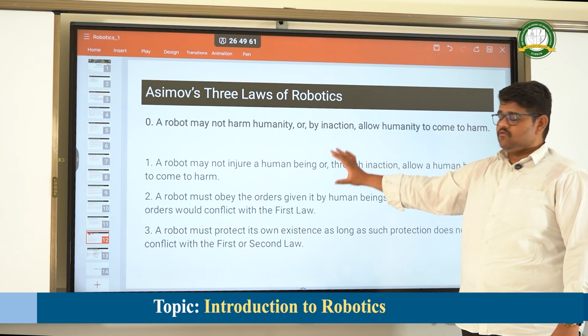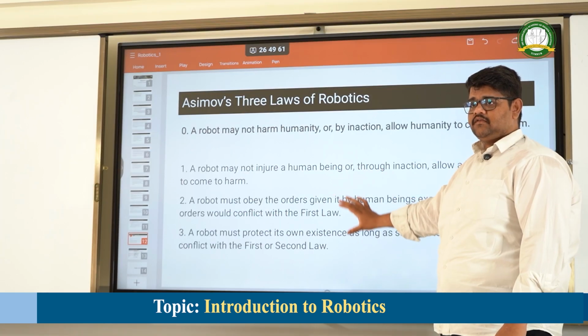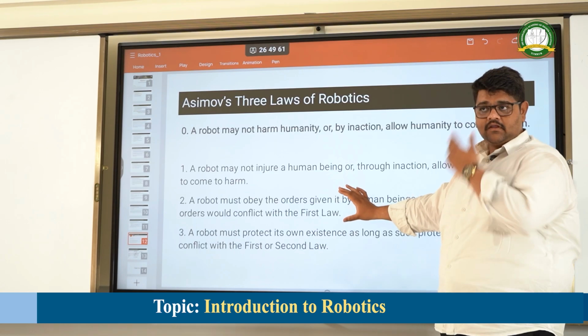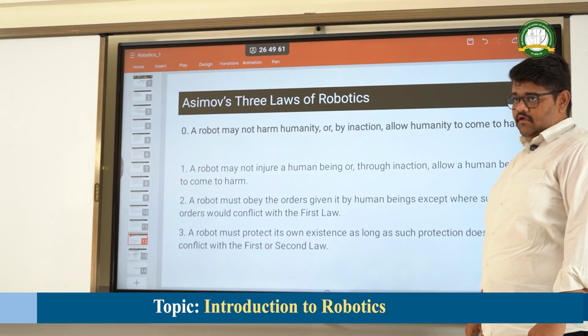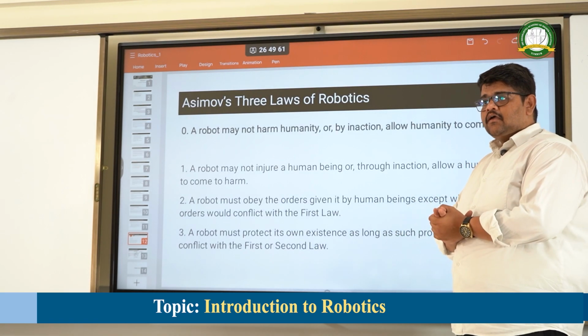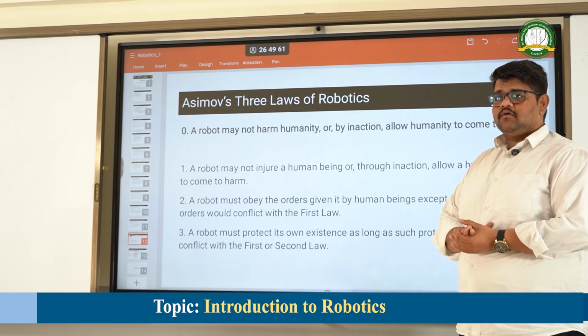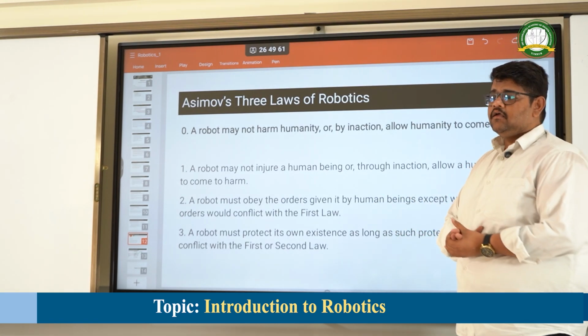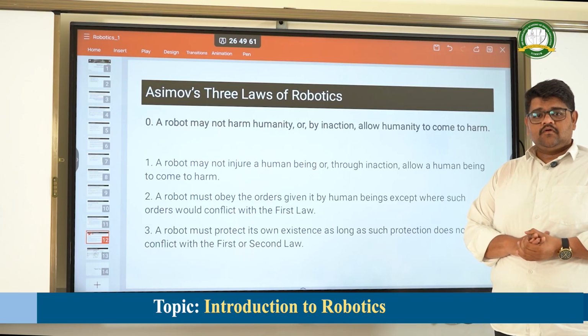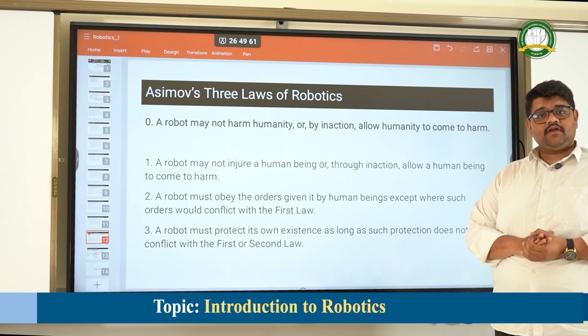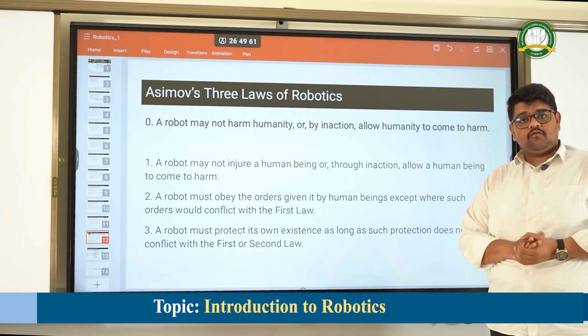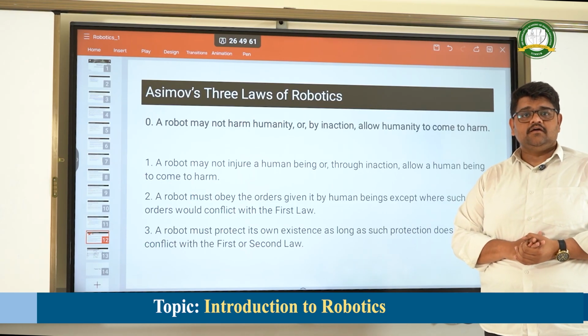First, let's take a look at the first three. Law number 1 says a robot may not injure a human being or, through inaction, allow a human being to come to harm. What does it mean? A robot must protect the human being, even though the human being wants to get hurt.